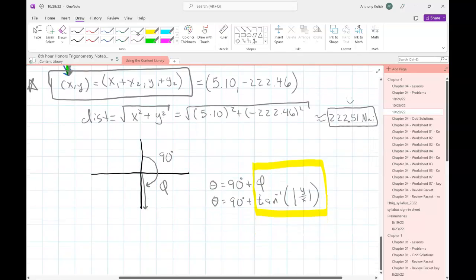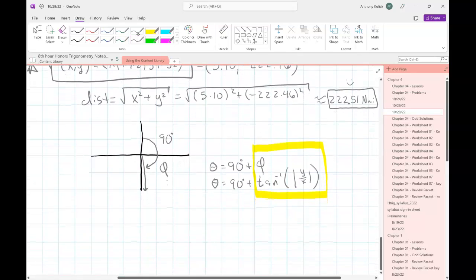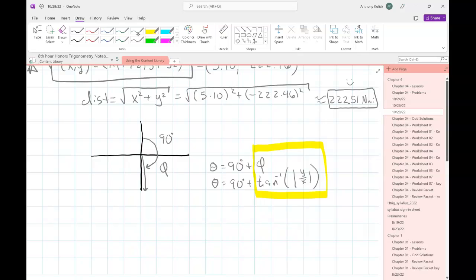Because I'm always going to have an x and y. I'm always going to need to find a phi. Just always going to use tan inverse. Always going to use the absolute value. Yeah, because the 90 was coming from this piece. You know, sometimes you might be adding, sometimes you might be subtracting, just like the previous problems that we had done. So it's just like a worksheet 2 problem, basically.